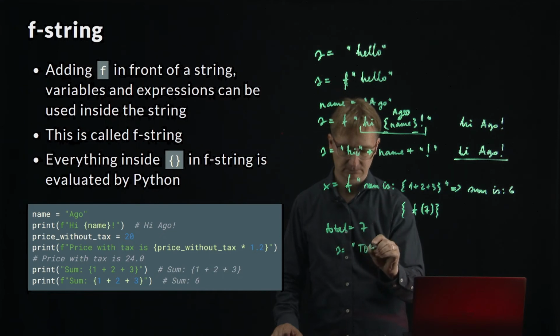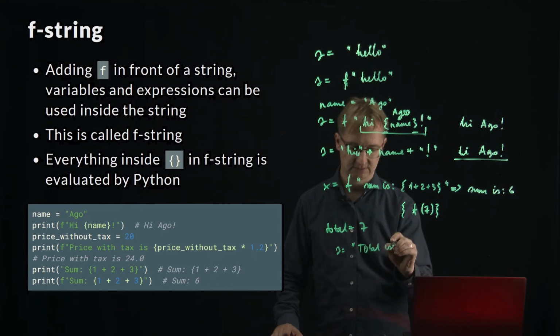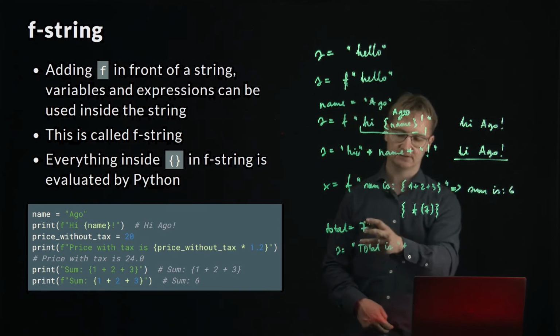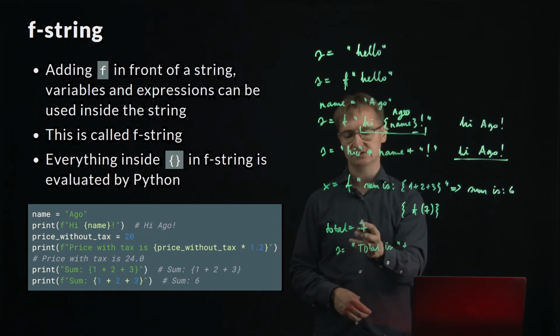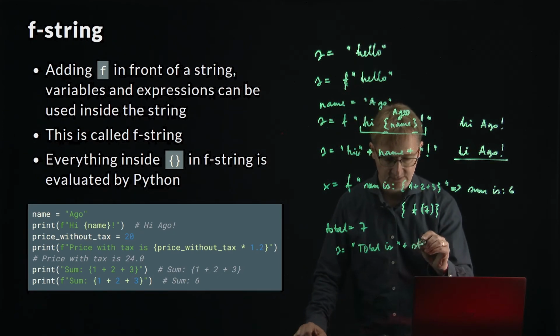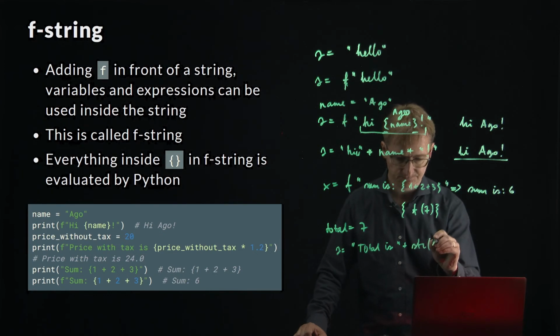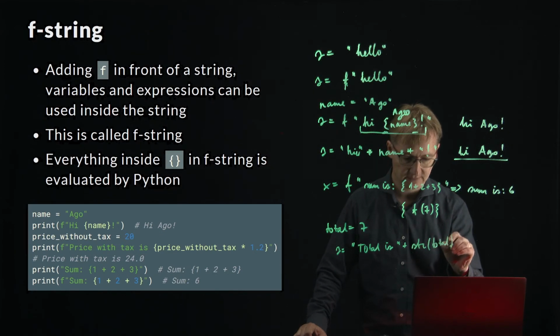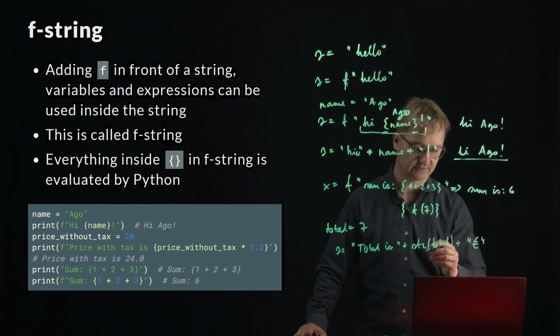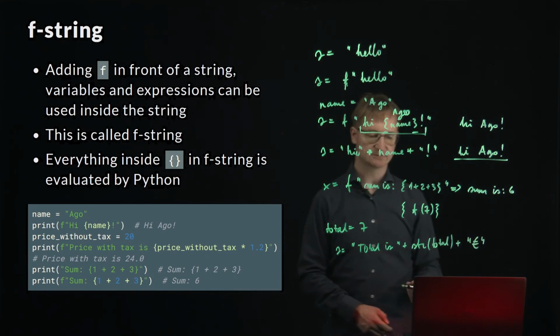Total is. Now I cannot add the integer value directly to the string. So now I have to convert it to string, total. And now let's add also that it's euros, for example. So total is 7 euros.